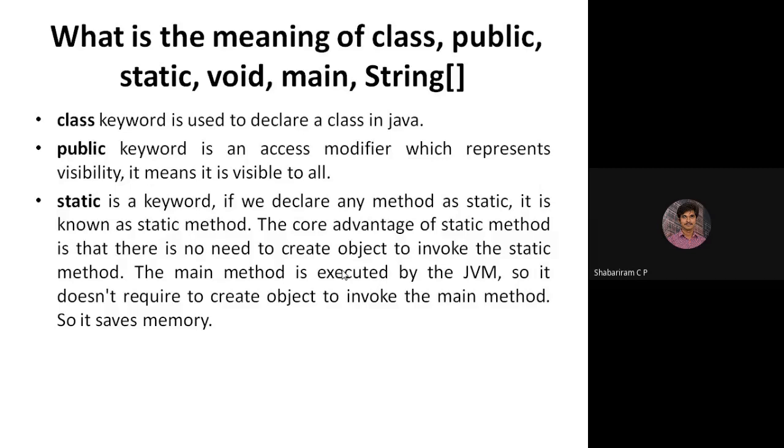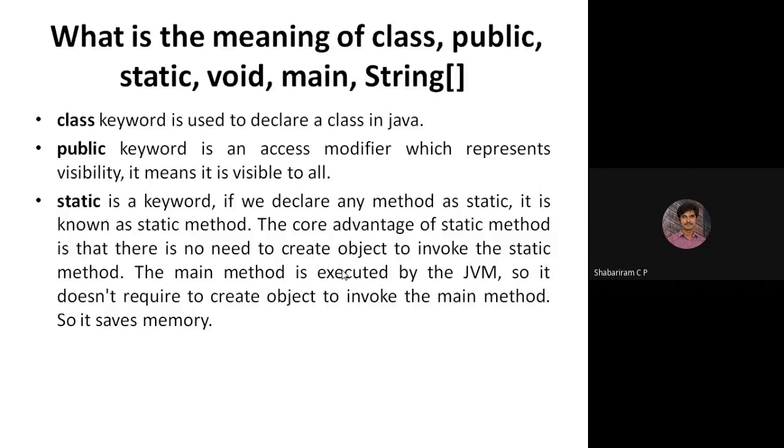So why is the main function static? We all know the main function is going to be invoked without any external input. It means that if you want to run your program, what will be your starting point? The starting point will be the main function. In case it requires an object, we cannot execute the main function. So we need a way to execute the main function without any additional object.